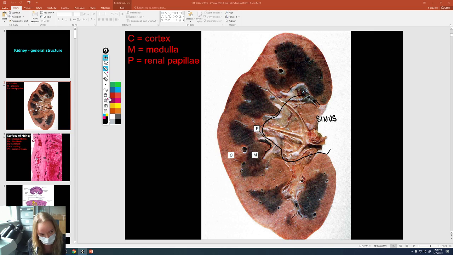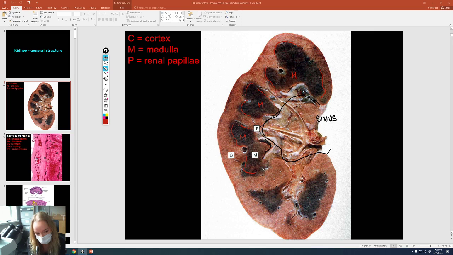The kidney itself is composed of medulla. The medulla is organized into parts called pyramids. So this is one pyramid, this is the second pyramid, the third pyramid here, and the pyramids number about 8 to 18.